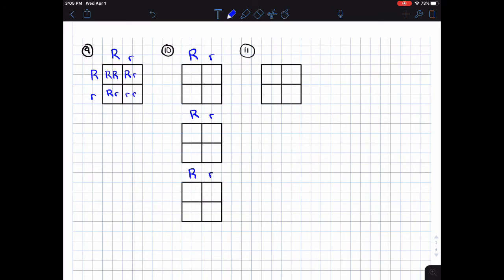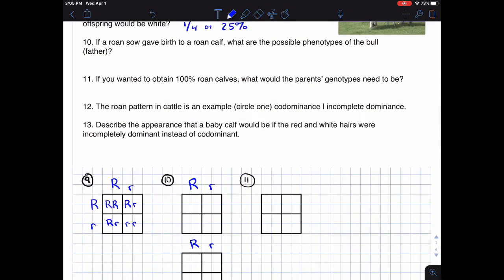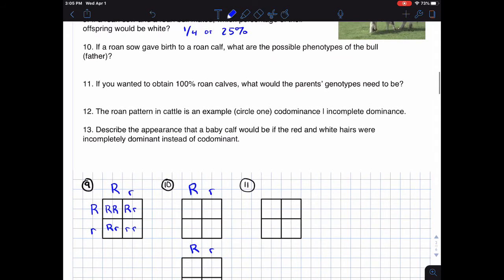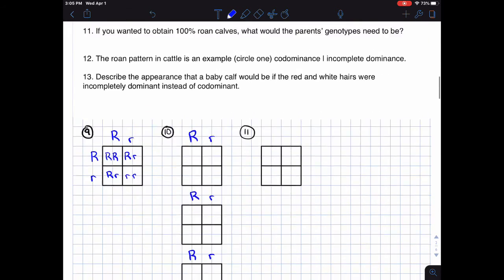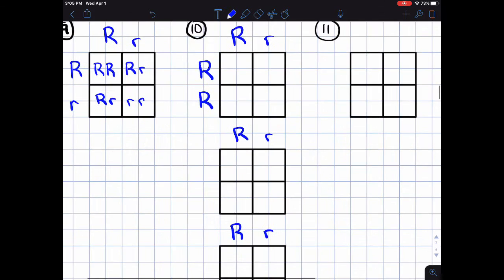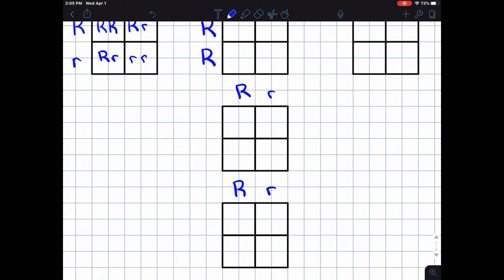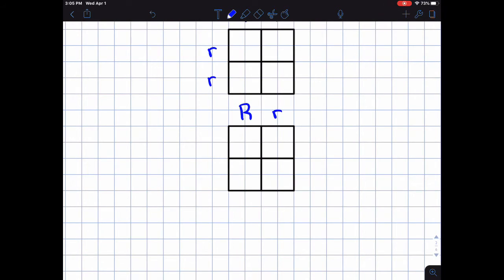The reason why we have 3 Punnett squares for this problem is because we need to find the phenotype of the bull that could possibly father a roan calf. So we can fill out the possibility of the bull being white, the possibility of the bull being red, or the possibility of the bull being roan.